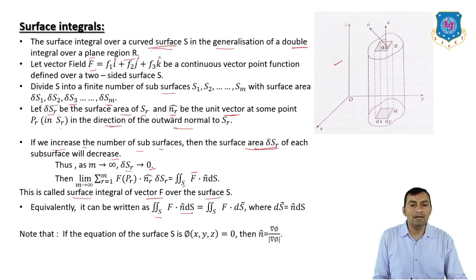Whenever you compare these two double integrals, you can note that dS bar is nothing but n cap dS. Also, if the surface is given by an equation, say phi of x, y, z equal to 0 is the level surface, then the unit normal n cap will be the gradient of phi divided by its modulus.